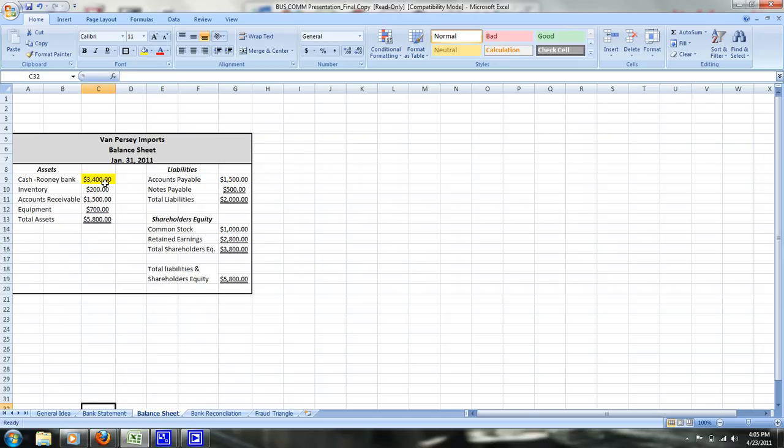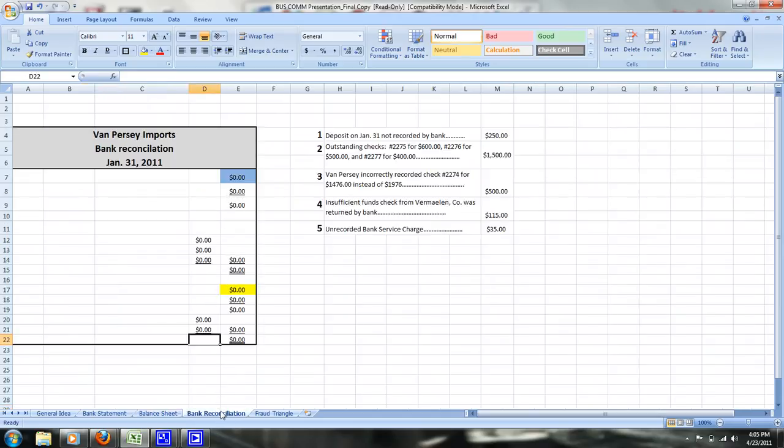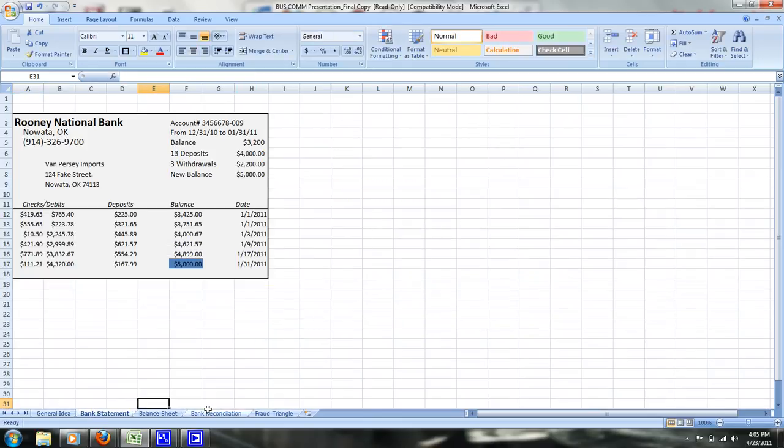So now we're going to work through a problem on how to do the bank reconciliation. The first thing we need to do is the cash balance according to the bank. If you look at our bank statement here, it was $5,000.